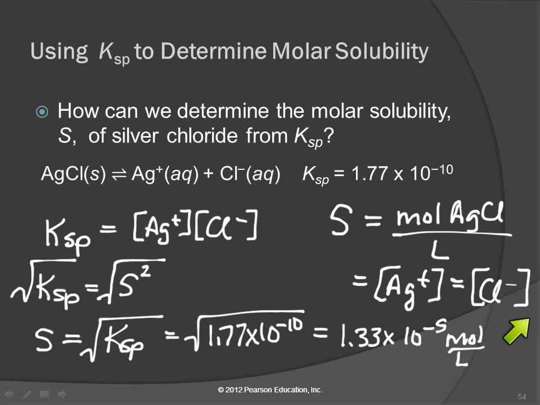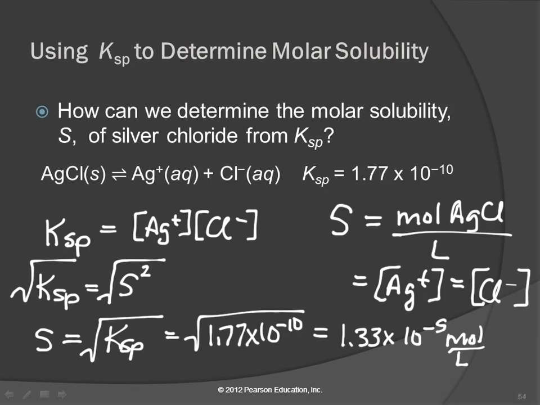So what this is telling me is that when I put silver chloride in water, mix it up, and let it dissolve as much as it's going to dissolve, 1.33 times 10 to the minus 5 moles of it will dissolve for every liter of solution that I have. From that, I'm going to get equal amounts of silver and chloride, and they're going to equal the number of moles that dissolved.